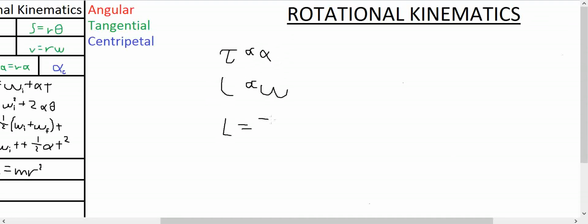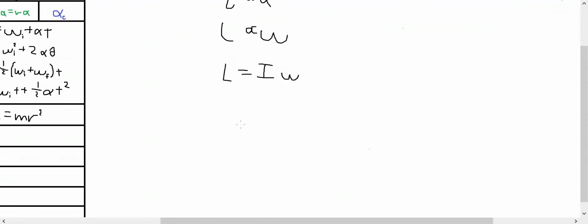In fact, L, angular momentum, equals the moment of inertia times the angular velocity.